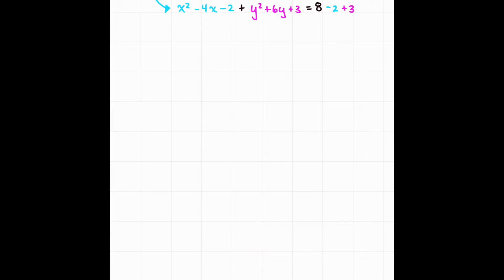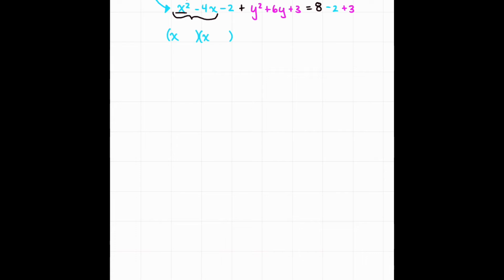So now we have to factor our x component. So we're just going to look at this. We know that the order is 2, so I'm going to put 2 brackets here. There's no coefficient in front of this leading x, so that means there's just going to be 2 x's there.